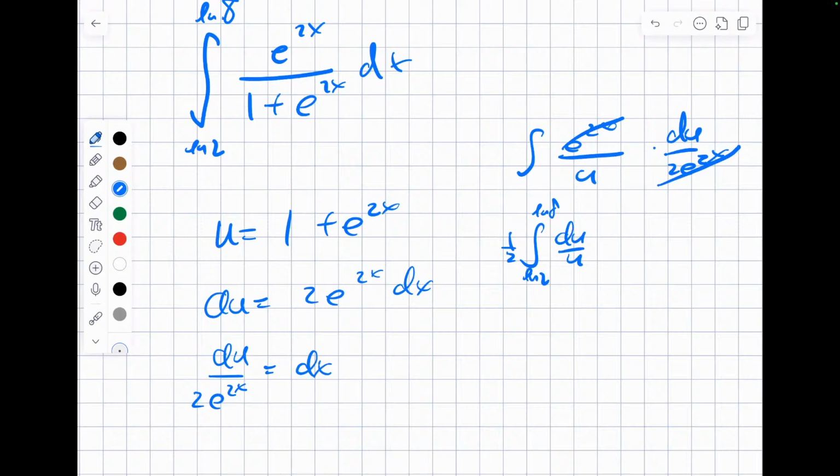What you can do is move the 2 up, so it'll be 1 plus e to the ln of 64, and 1 plus e to the ln of 4. So e and ln cancel out: 65 and 5. Therefore it's equal to 1/2 of ln of 65 minus ln of 5, which is also 1/2 ln of 65 over 5, which is 1/2 ln of 13.